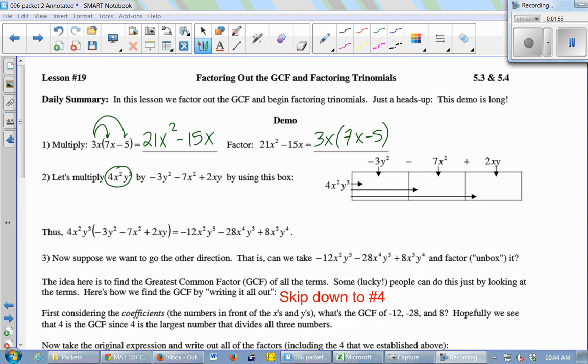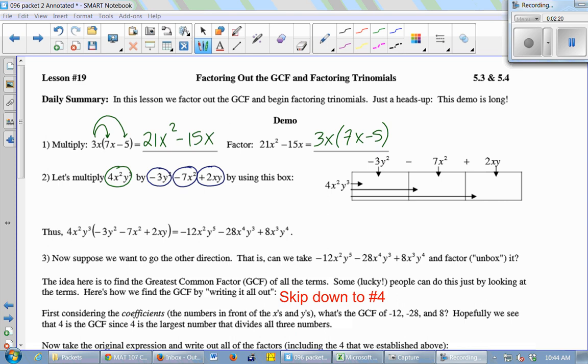Each term, each thing separated by an addition or subtraction sign, gets its own box across the top. So I put negative 3y squared, negative 7x squared, and 2xy along the top. Then you fill in each box with its area, its length times its width.